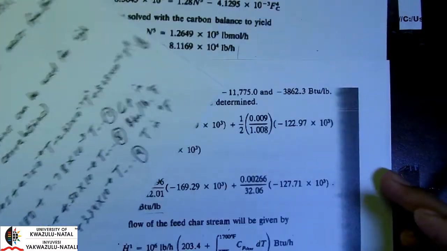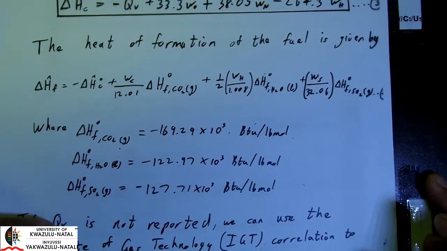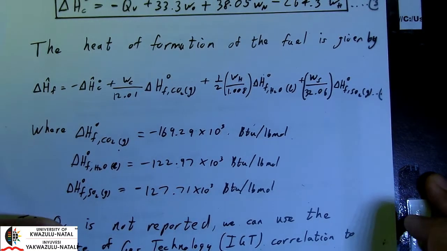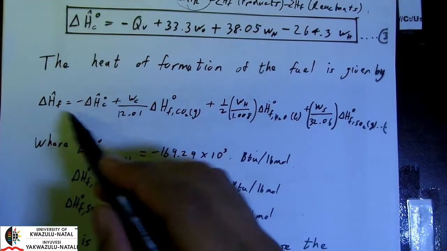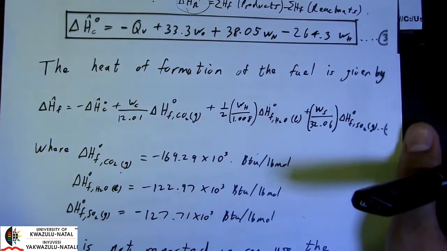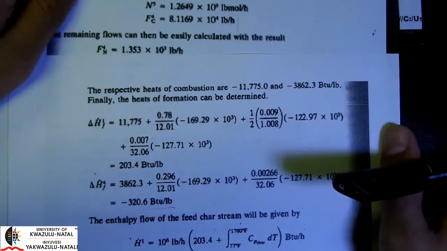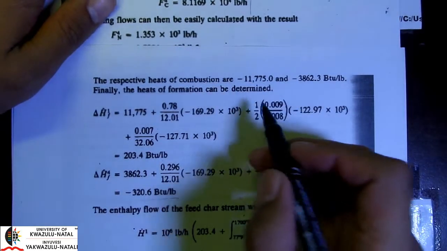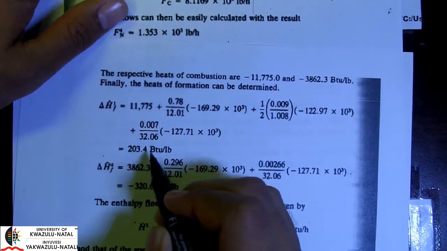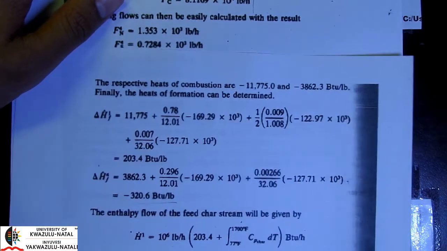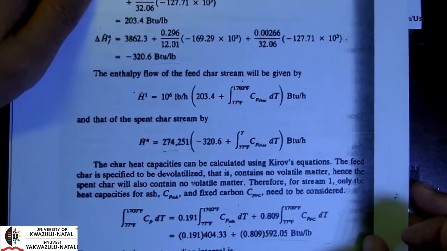Now there's no other way to find this because we don't really know the actual molecules of our feed char and spent char, and this is why we need to resort to using high heating values. But now once we have obtained these heats of formation, then our problem becomes reasonably simpler.